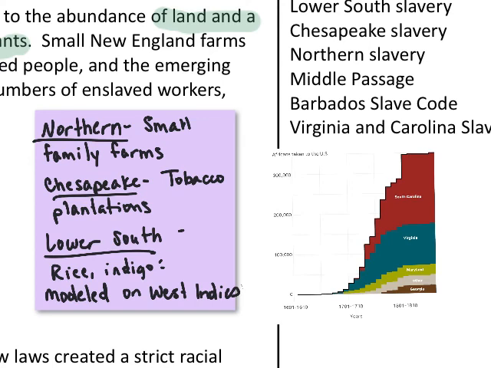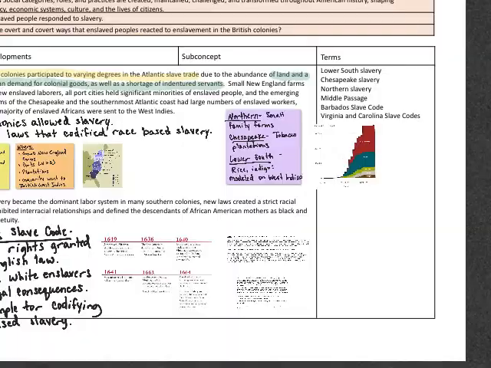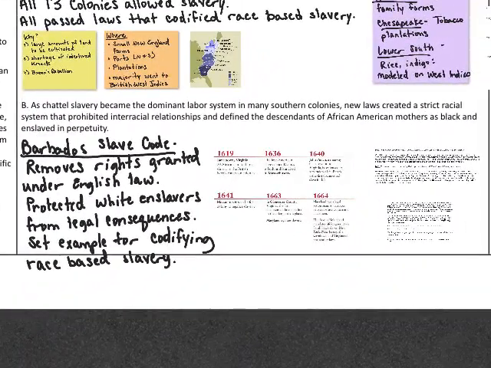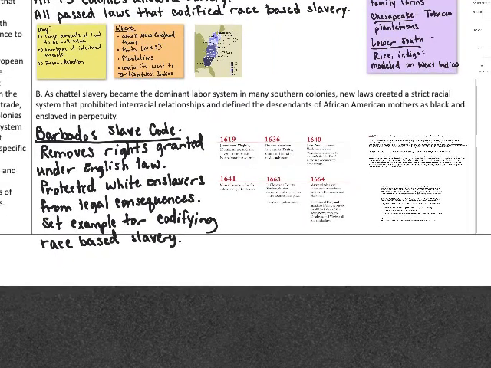And then the different activities they were participating in: in the North, again, small family farms; Chesapeake tobacco; Lower South rice, indigo; and those plantations were modeled largely after the British West Indies. The British West Indies are also going to be influential in how slavery is codified or legalized in the 13 colonies.